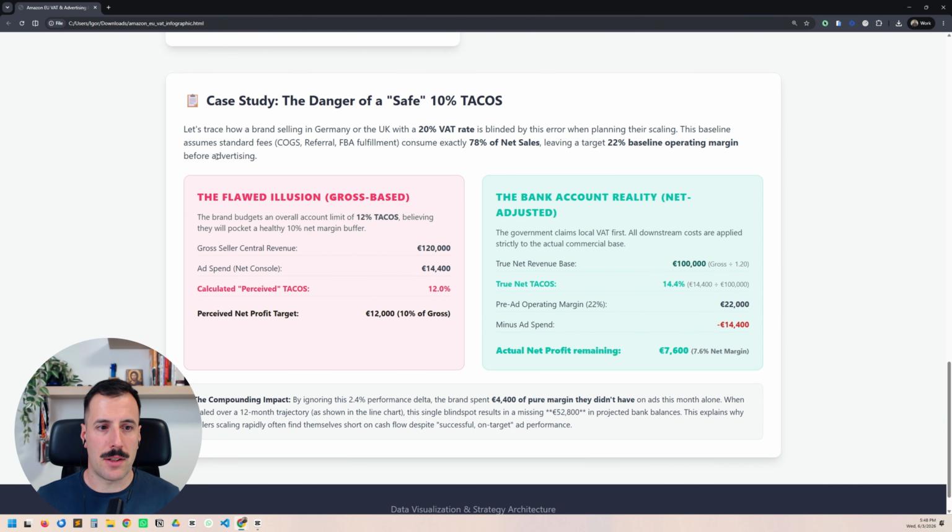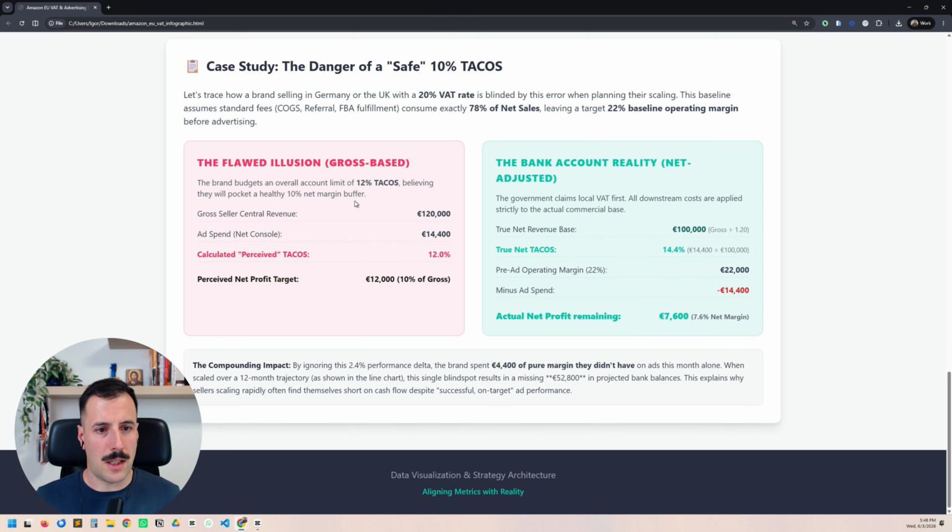The baseline assumes standard fees like I've shared in the COGS tracker that we use for determining break-even ACOS and target ACOS. So you input your COGS, you input your referral, FBA fulfillment, all the other fees. And let's say that this consumes, unfortunately, 78% of net sales, leaving a 22% baseline operating margin.